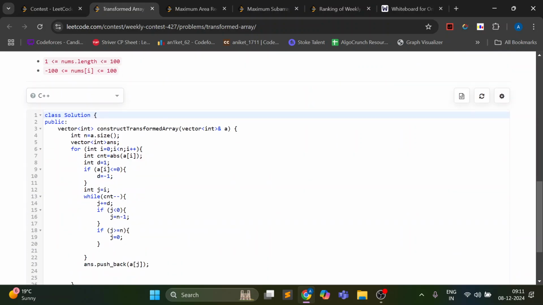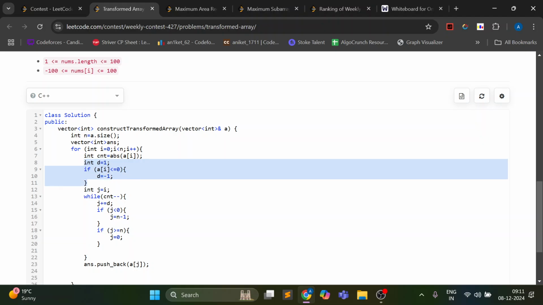The solution which I wrote is simple brute force. I'm iterating from 0 to n, finding the count, the number of steps, and I'm keeping d as direction. I declare d as 1 first, and if a[i] is less than or equal to 0, I make d equal to minus 1.